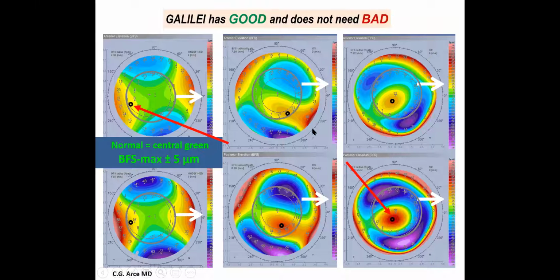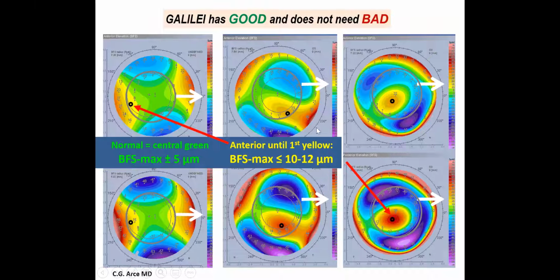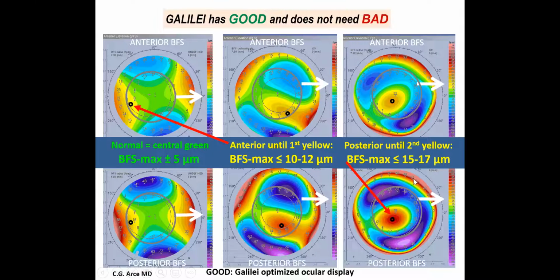When we begin to have this kind of progressive semicircles, the limit of the anterior surface will be 10 microns. It means the first yellow. And for the posterior surface will be 15.7 microns.